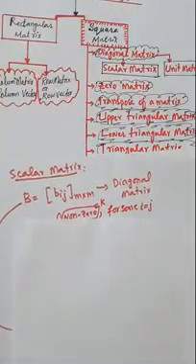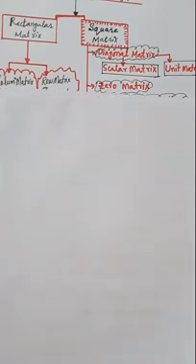Now moving towards the zero matrix: a matrix in which all the entries or all the elements are 0 is called a zero matrix or null matrix.